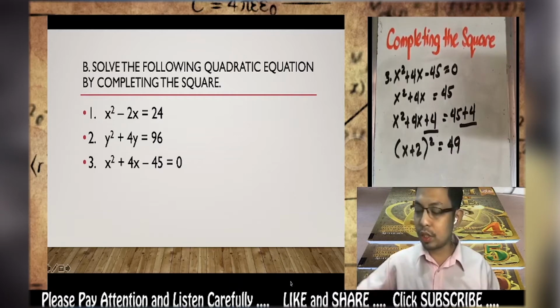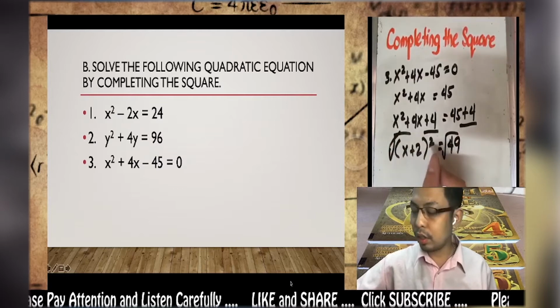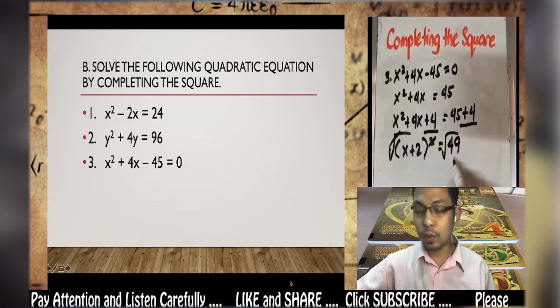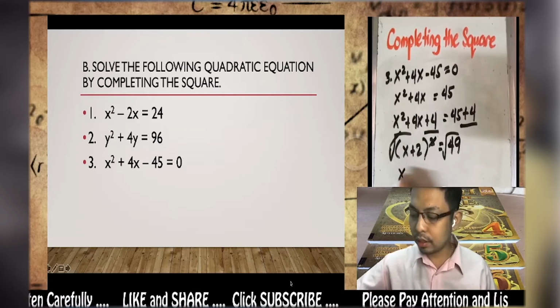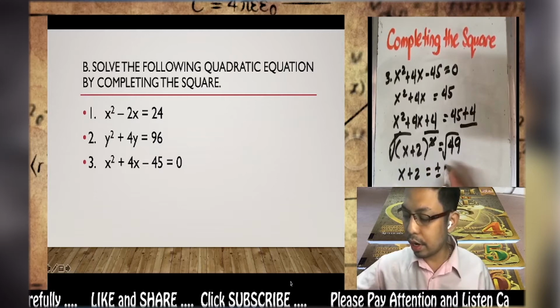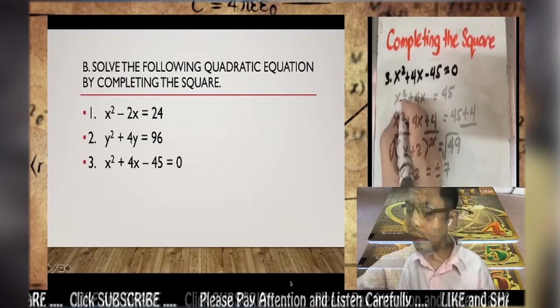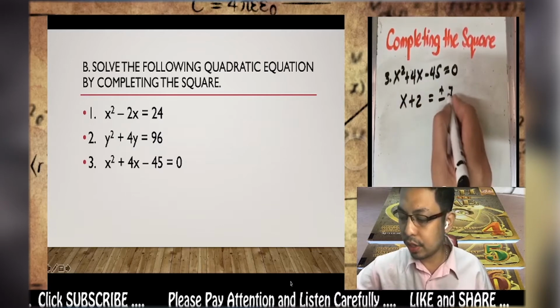Square root on both sides. The square root and the square cancel, and the square root of 49 is positive or negative 7. x plus 2 is equal to positive or negative 7.